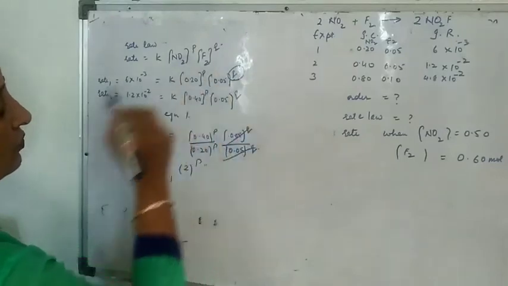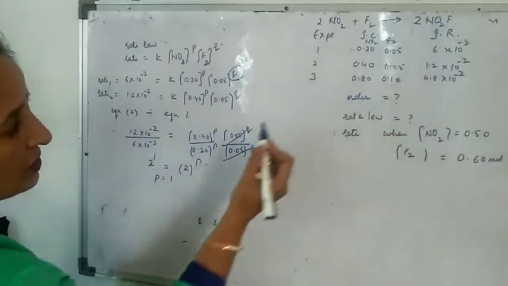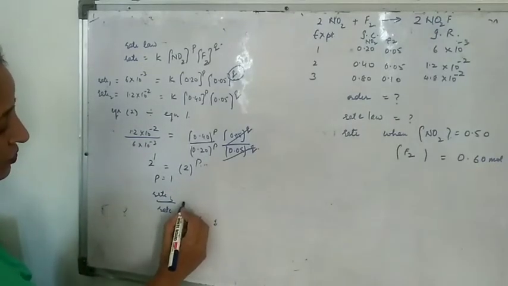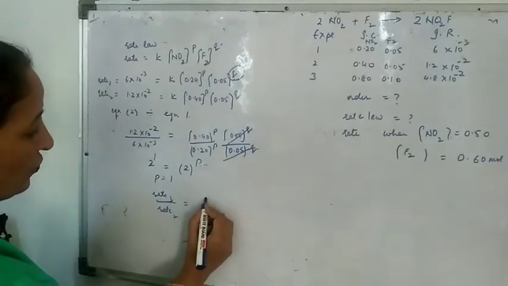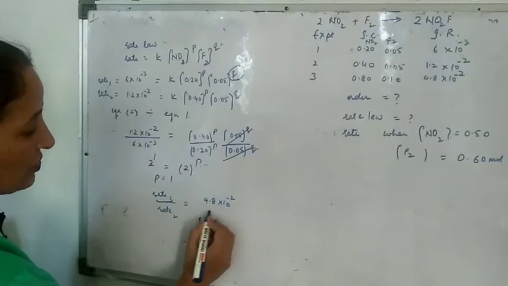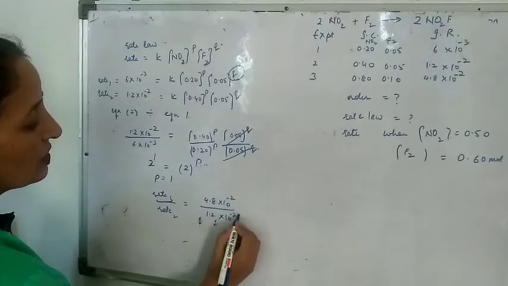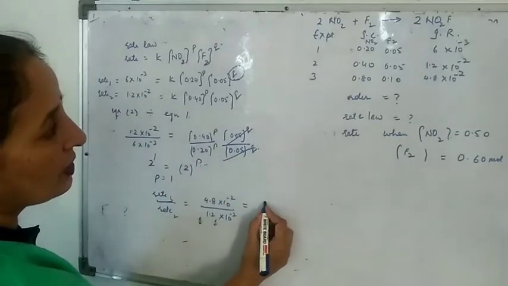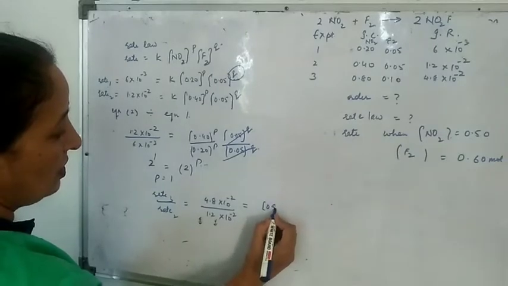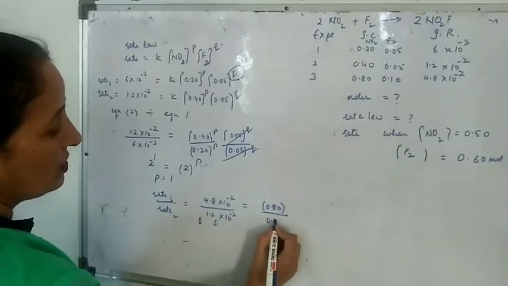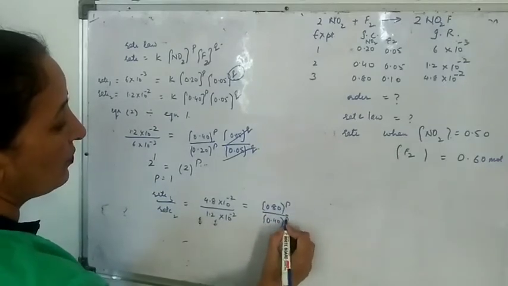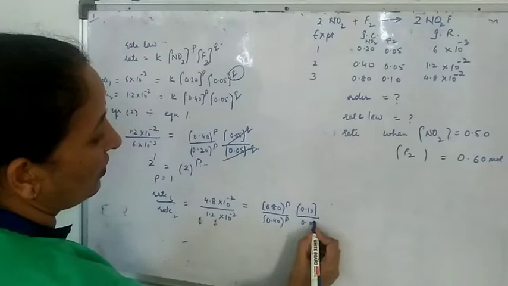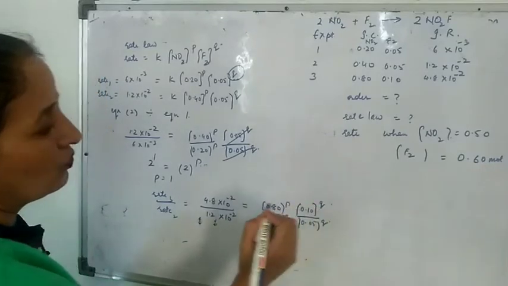To find out Q, again we use this equation, dividing rate 3 by rate 2, we get 4.8 into 10 raised to power minus 2 upon 1.2 into 10 raised to power minus 2 is equal to, K cancels out, and we get 0.40 raised to power p into 0.10 upon 0.05 raised to power q.